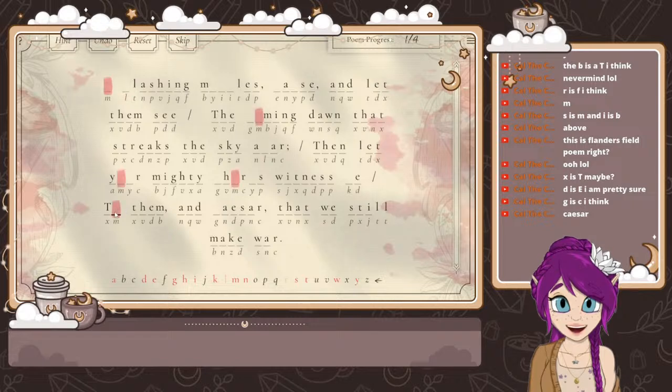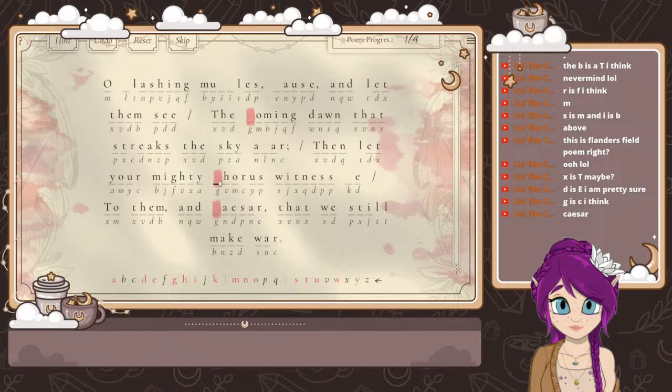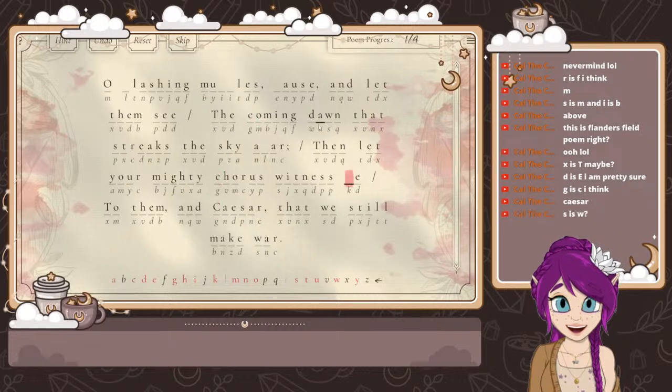To them and the something. Oh, okay. Let them your mighty horse. Chorus? Mighty chorus? Coming? The coming dawn. Yeah, okay. Coming dawn that streaks the sky.